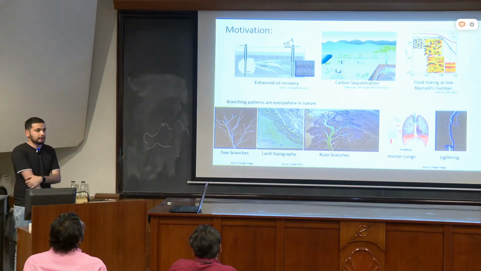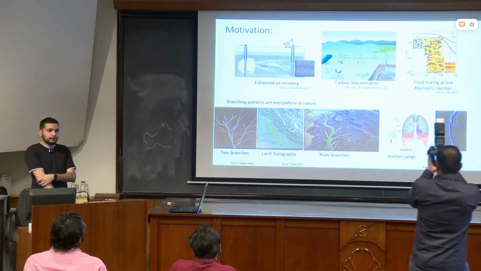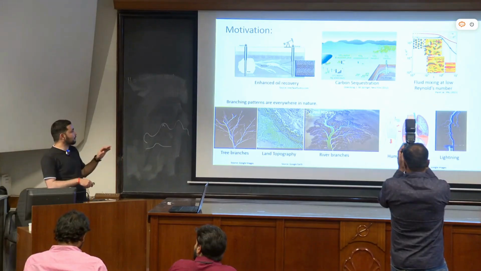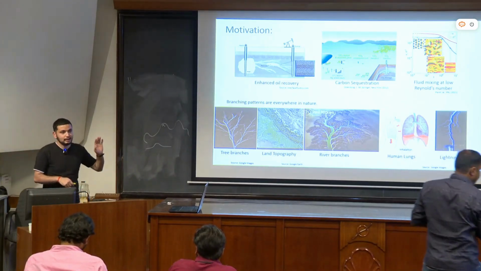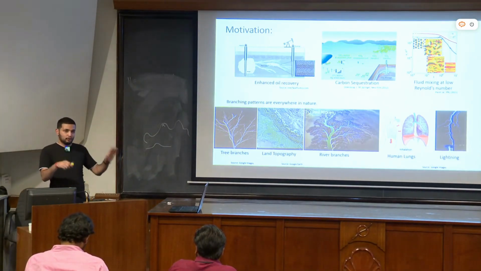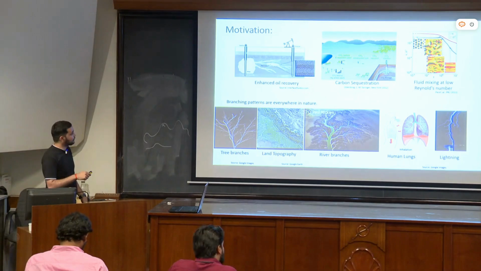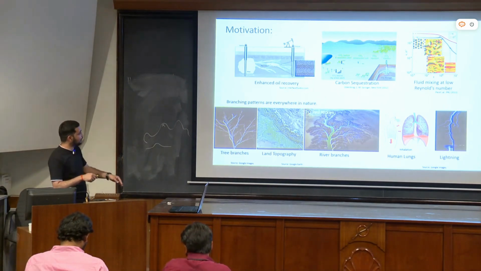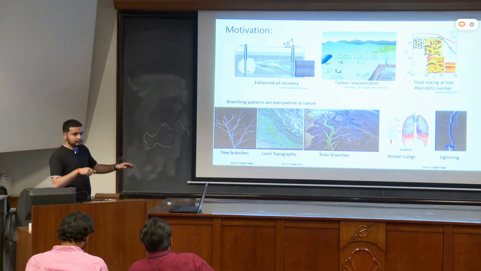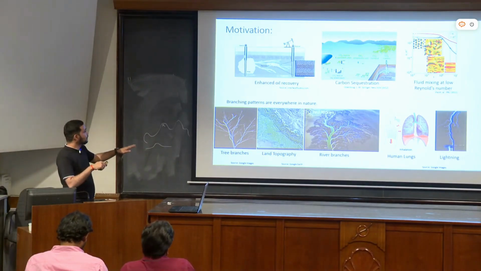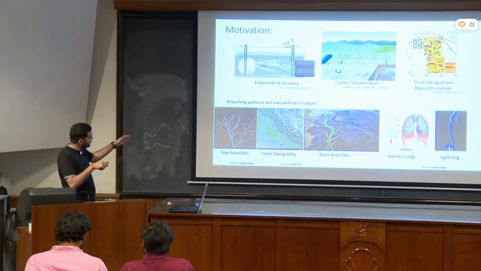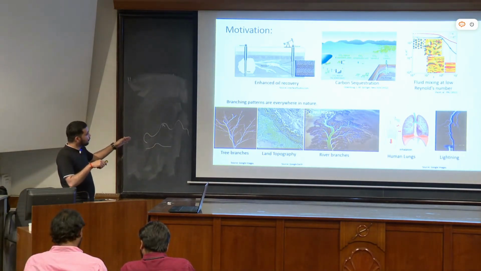But if the water is less viscous than the oil, then these kinds of branched fingers will form, and as they form, the displacement efficiency or the oil recovery will be very low, and one would want to reduce the formation of these fingers in such cases. Another example is carbon sequestration, where if a power plant is producing carbon, it doesn't want to emit the carbon to the atmosphere.